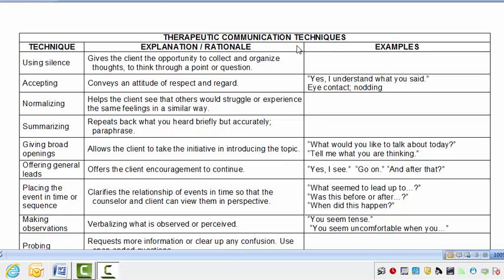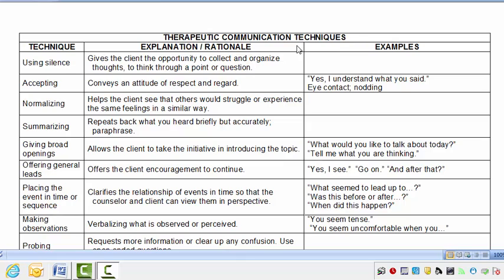You have decided you want this goal. You're going to do this, this, and this in order to accomplish your goal. And then we will meet again and evaluate whether or not you were able to accomplish that goal. That's another thing that you can do at the very end of counseling with somebody that would look like summarizing.